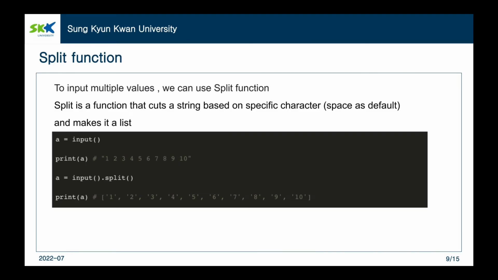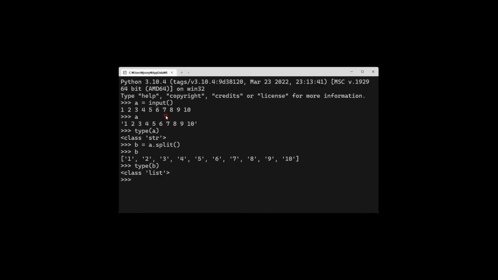To input multiple values, we can use the split function. Split is a function that cuts a string based on a specific character and makes it a list. In the example, if we enter 1 space 2 space 3 space until 10, variable a is a string, which contains 1 space 2 space 3 space until 10.